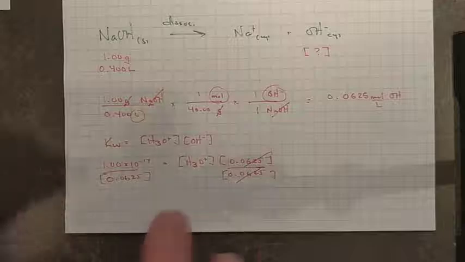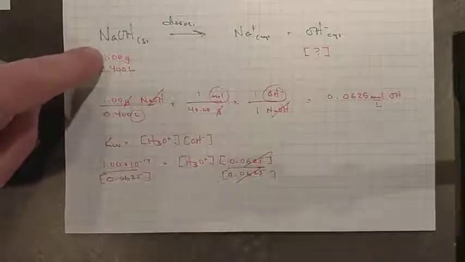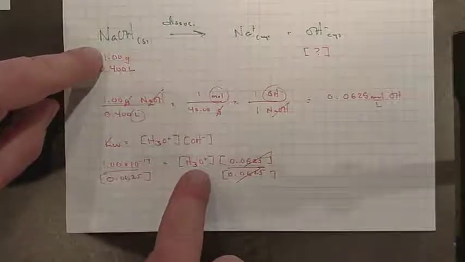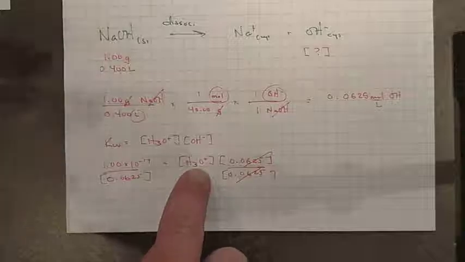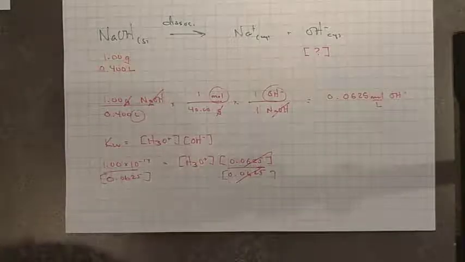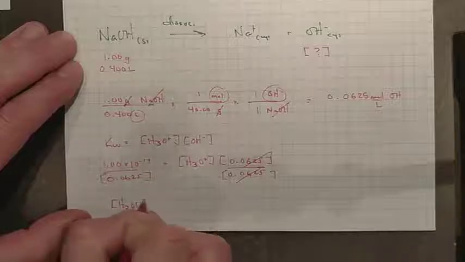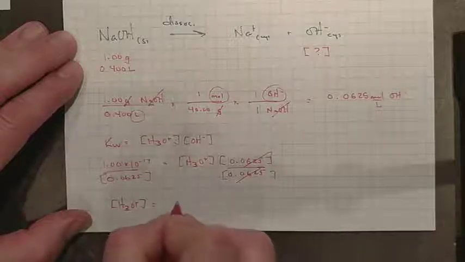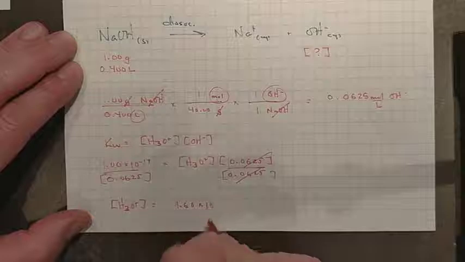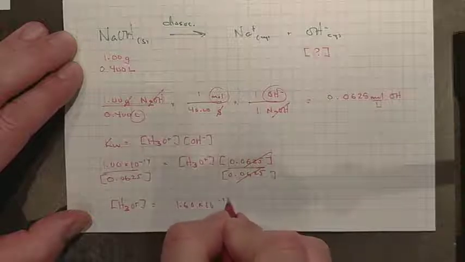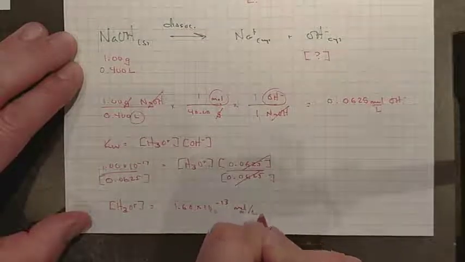It cancels out, and since we're dealing with a basic system, we expect very little hydronium to be in this system, so hopefully this is a very small number, and when we do this, you can see that the hydronium is equal to 1.60 times 10 to the negative 13 moles per liter.